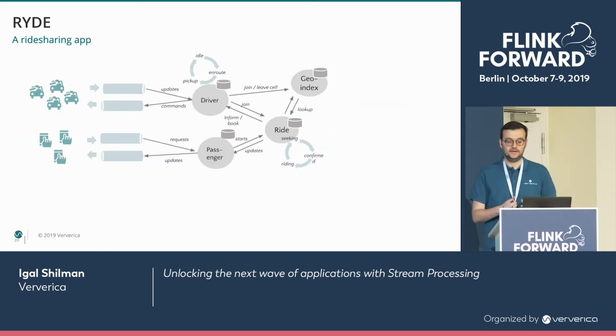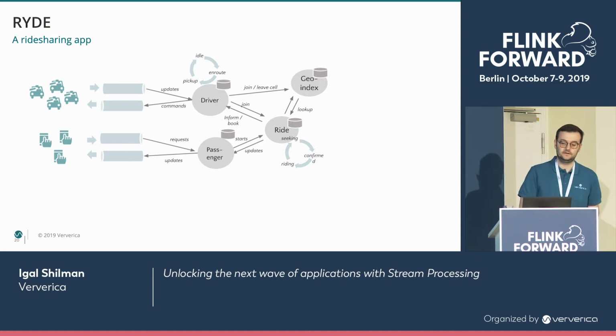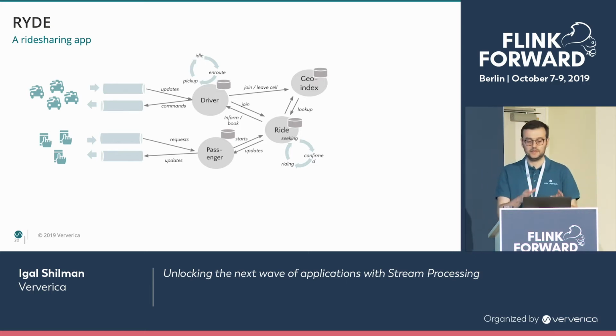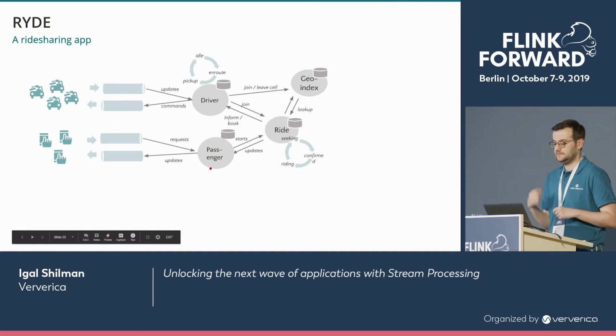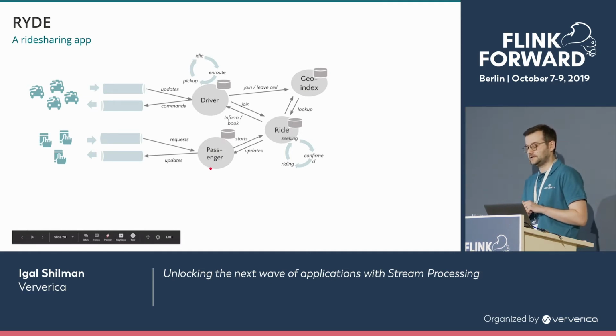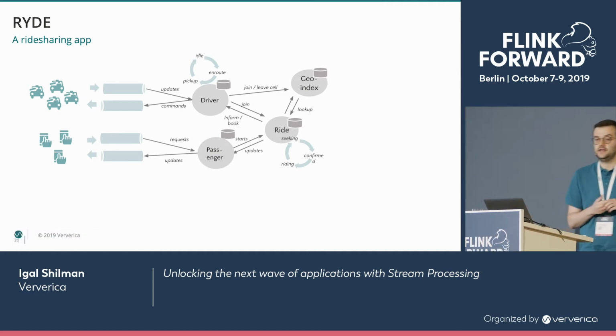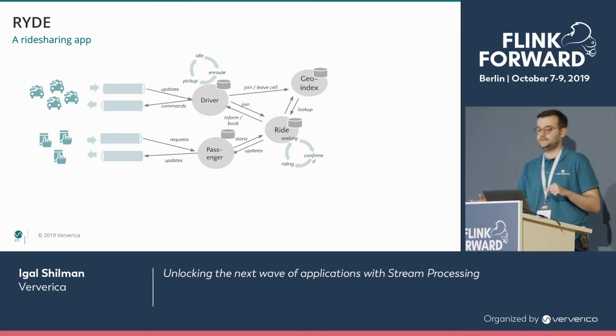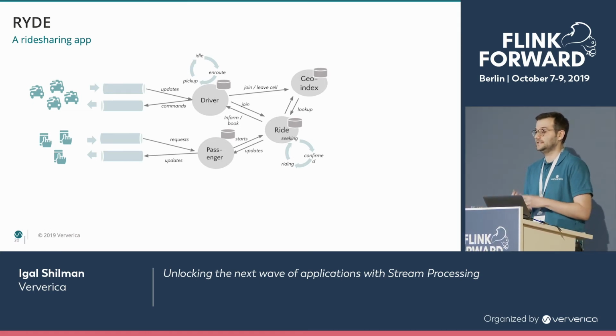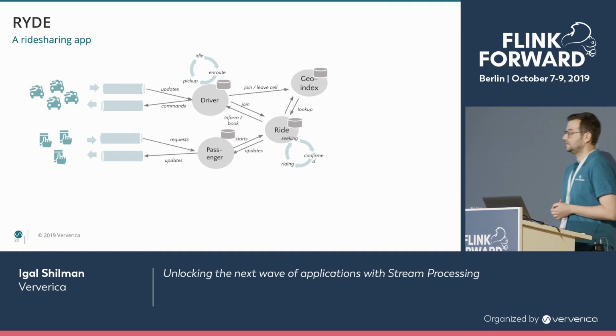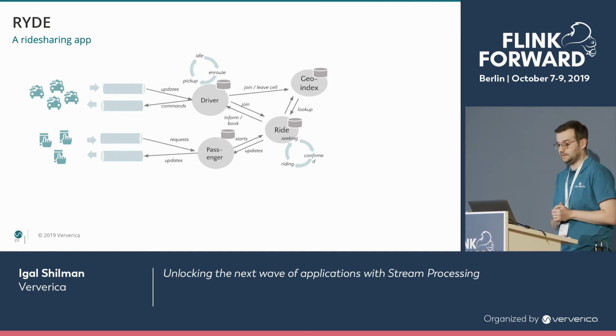So what do we have here? My goal for this demo is to give you an insight of how you can structure stateful applications, how you can use the fact that you can have a stateful function essentially per entity, and show you some code as well.